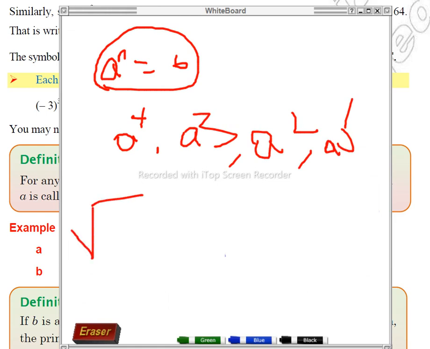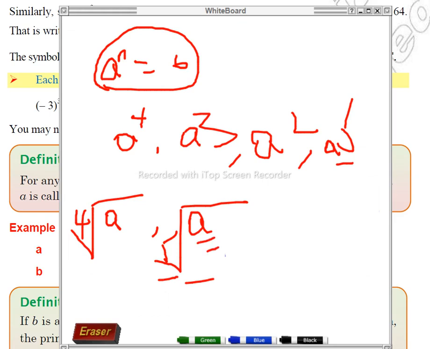When we write this under the root with index 4, or under the root with index 5, we read it as the fourth root of a, or the fifth root of a. We can read it like that.